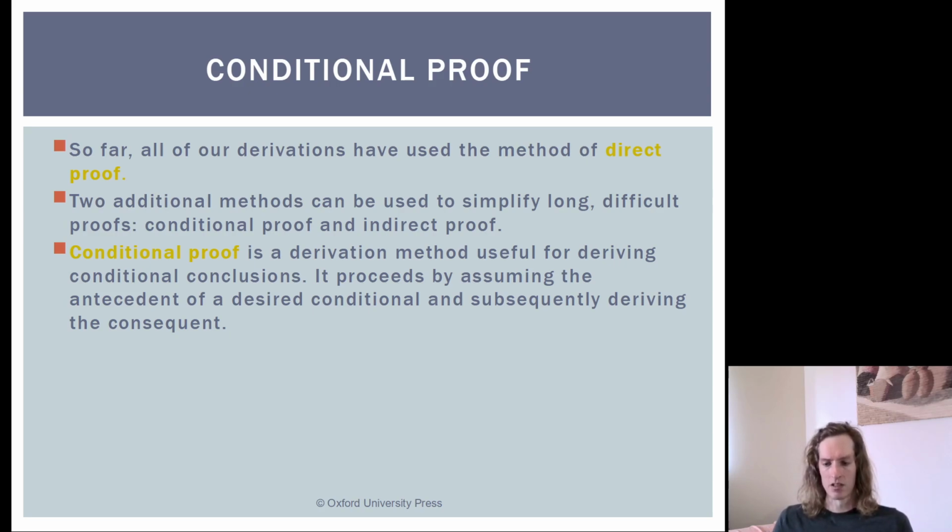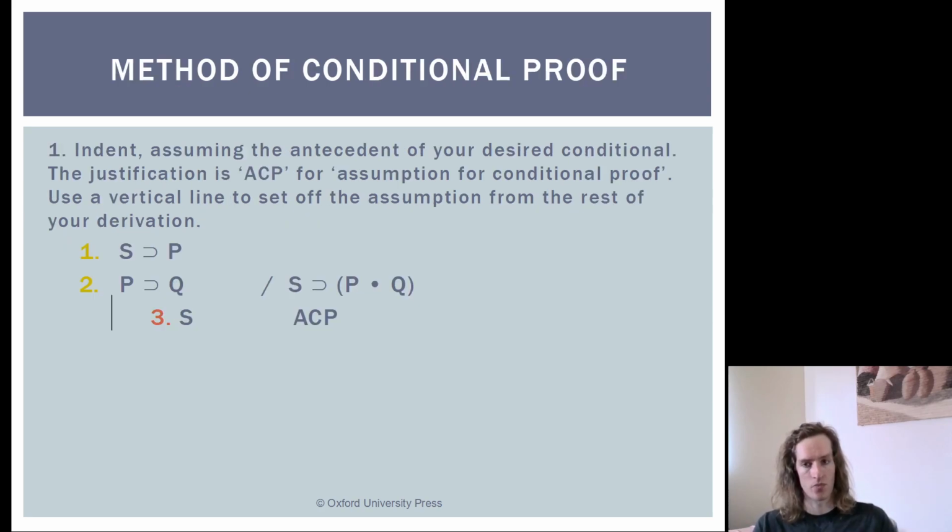Now, we don't take our assumption as being true. It's just an assumption. But if Q follows from our premises after we assume P, then that tells us that if there were a P, and we don't know if there is or not, then we could get a Q, and then we could say if P then Q is true.